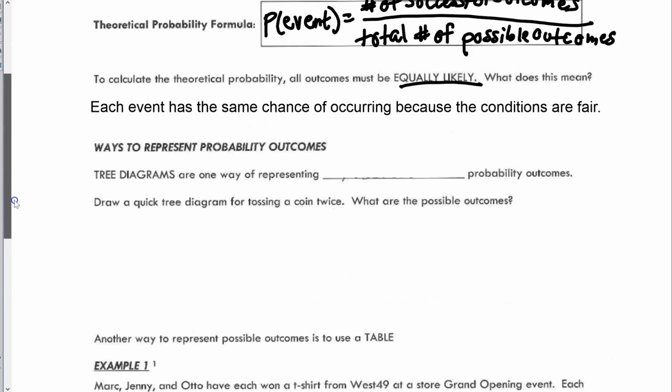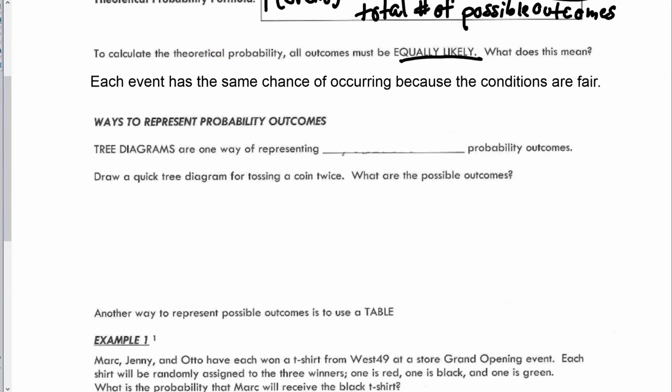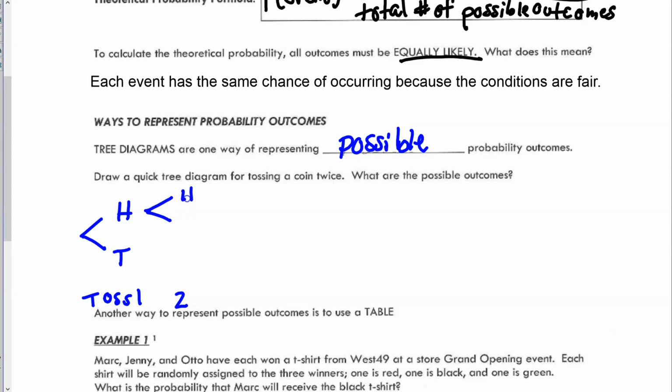All right, so we talked yesterday a little bit about tree diagrams. Tree diagrams are one way of representing possible probability outcomes. So let's draw a quick tree diagram for tossing a coin twice. On the first toss, your options are either heads or tails, right? And then we have the second toss. If you got a head, your options are heads or tails still. And then same if you flipped a tail.